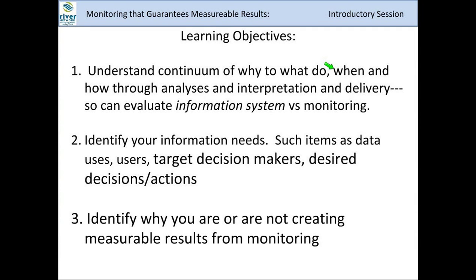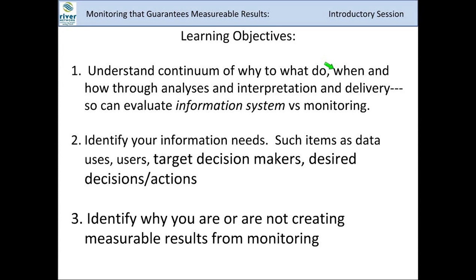If you put all of those pieces in flow, what you're really creating is an information system. You don't have a monitoring program. What you have is an information program. So helping you understand that and broadening your perspective is one objective we have today.